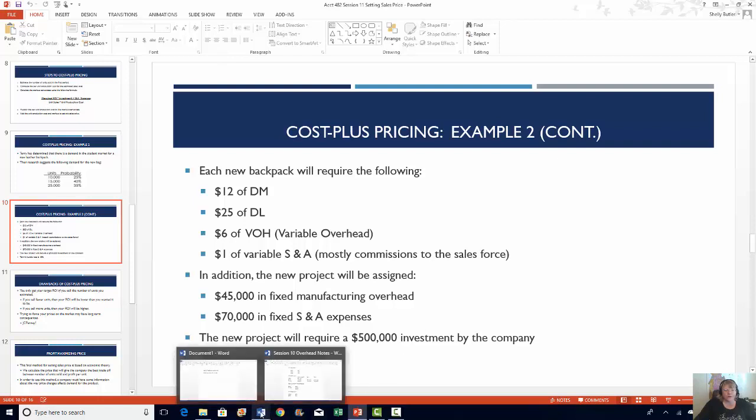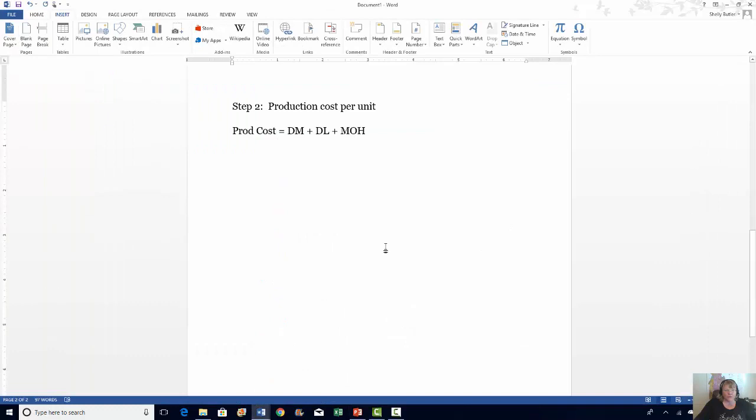So, using that information, we can continue. We have $12 for the direct materials. Try to line this up, see if I can do it. That's better. And $25 for our direct labor.